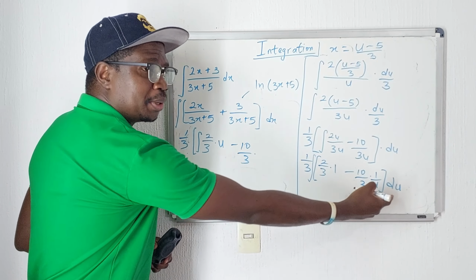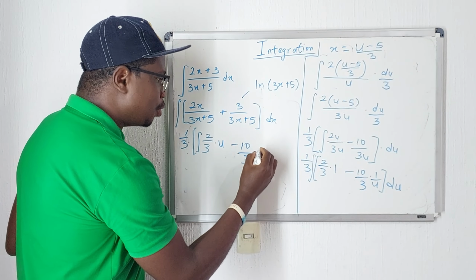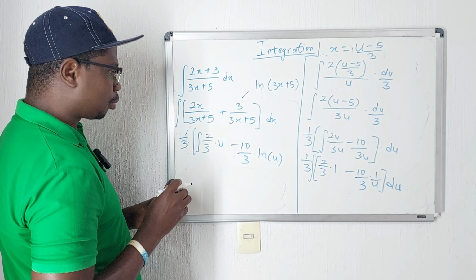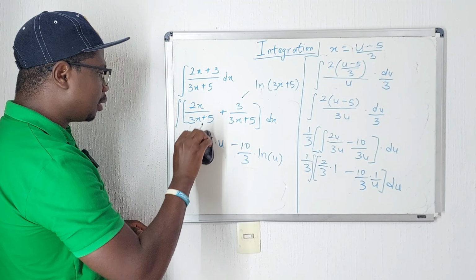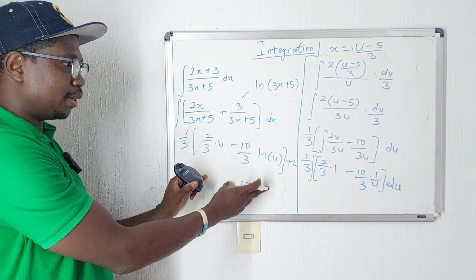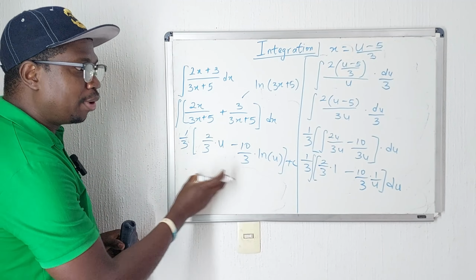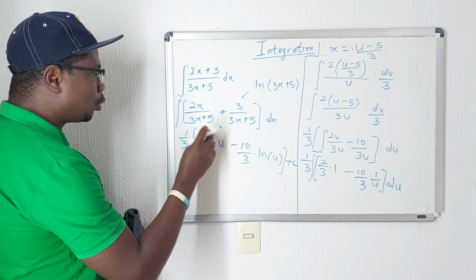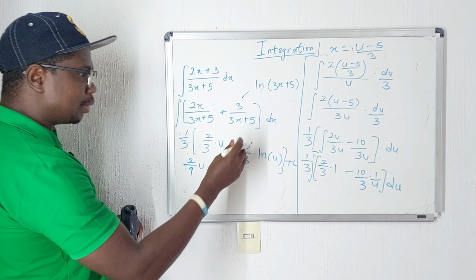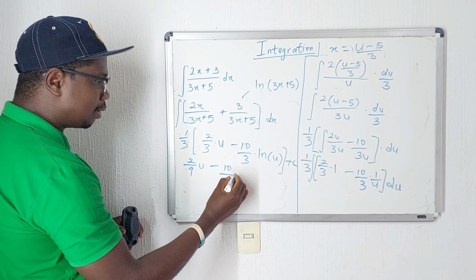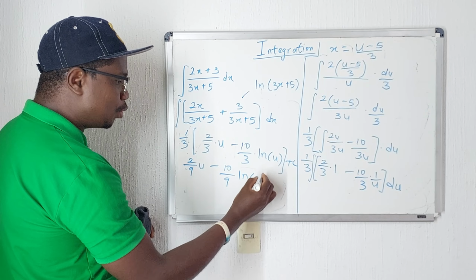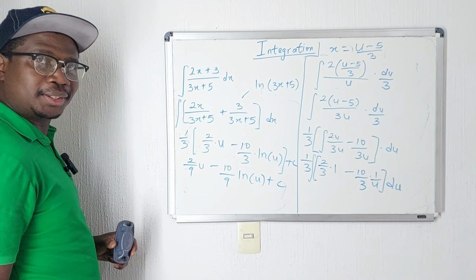If I integrate 1 over u with respect to u, I'm going to have the natural log of u, ln u. Okay, so I'm going to put plus c. I've finished integrating. So what we can do next is just to open the brackets. Now 2 times 1 is 2 over 9 multiplied by u, minus 10 times 1, 10 over 3 times 3 is 9. Then ln u plus c.